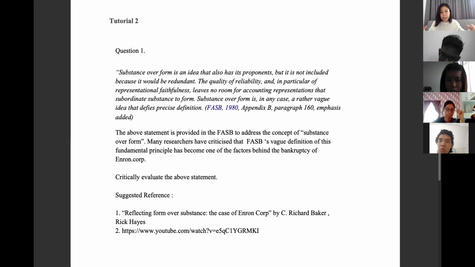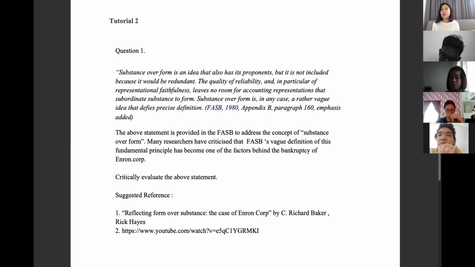But after the case, many researchers, many accountants, many countries criticized this board, saying why didn't you focus on or emphasize it, because it makes accountants try to escape or abuse the accounting standard, to make use of it for other purposes, for example the case. So critically evaluate the above statement.